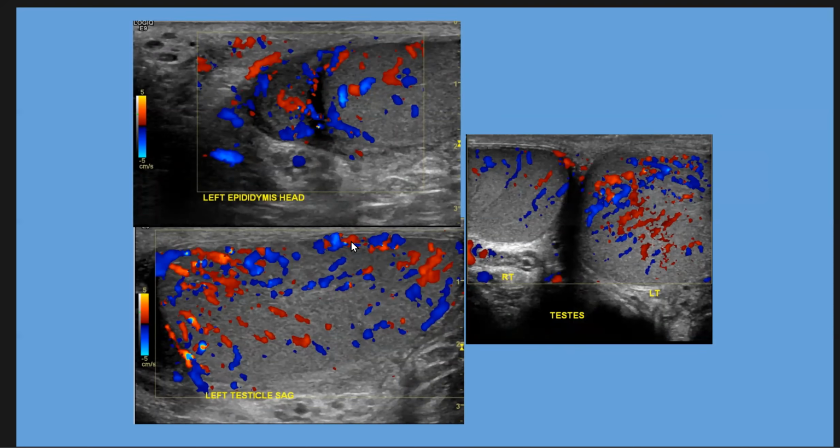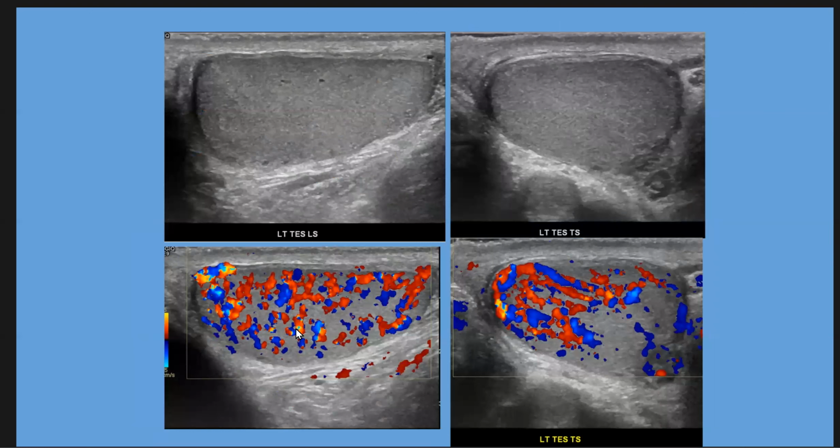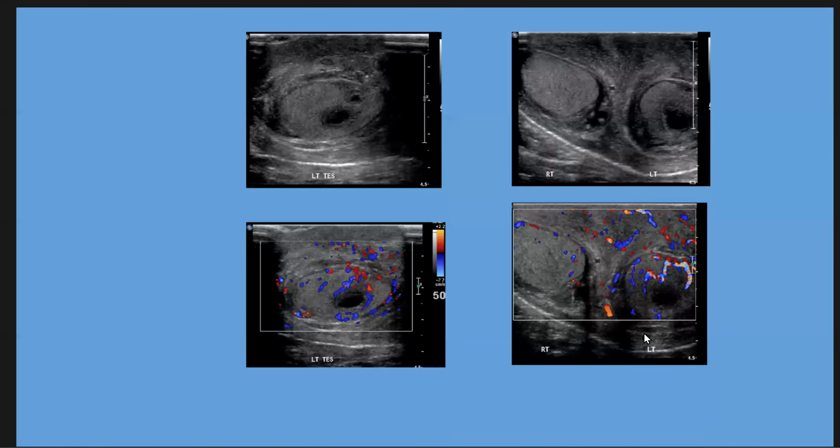This patient has increased vascularity of the testis on the left side, suggestive of epididymitis, and this patient has epididymitis with orchitis on the left testis, and of the right testis, and another patient with orchitis on the left testis, and another patient with orchitis with abscess formation on the left side, and some inflammatory changes on the skin with increased infection.